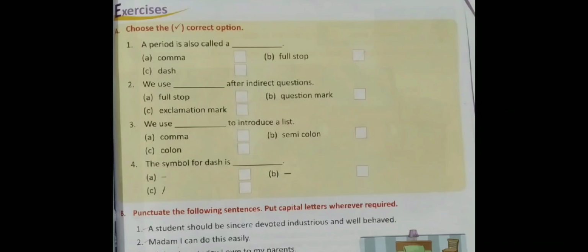But when indirect questions are asked, then what will we use? Full stop. Yes. So the answer will be A, full stop. So likewise, you will choose the correct answers and do it by yourself. Answers will be provided to you very soon.